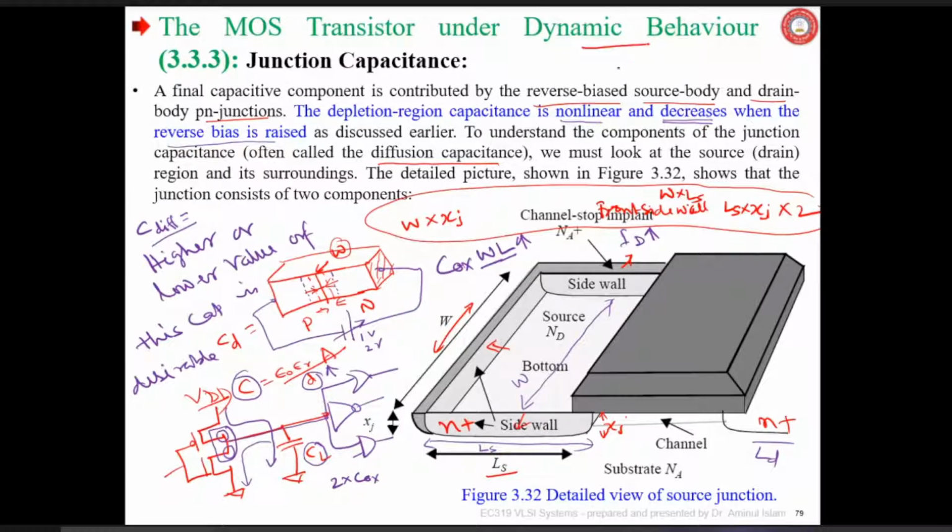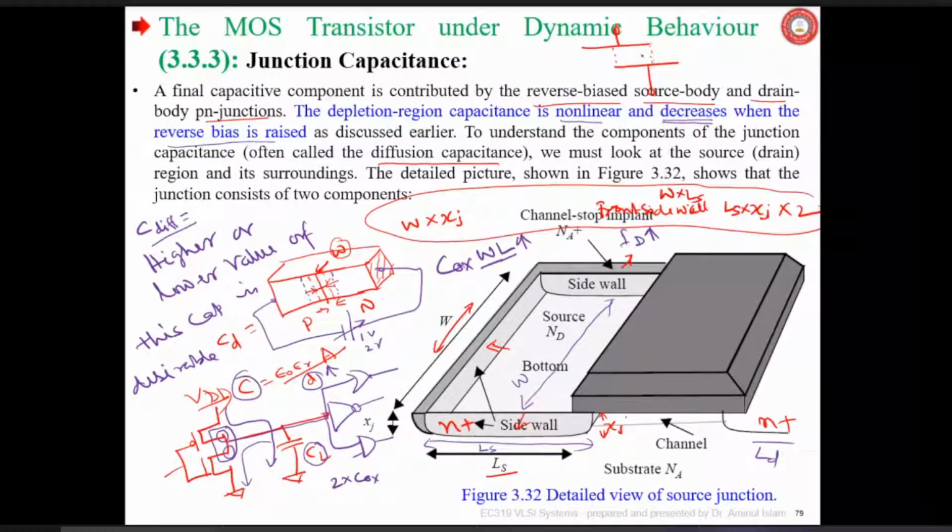Parallel plate capacitance, two plates. Suppose this is one plate, there is another plate. Between these two plates, if you want to find out the capacitance, you need the overlap area. You should have the knowledge of overlap. This much area is overlapped.